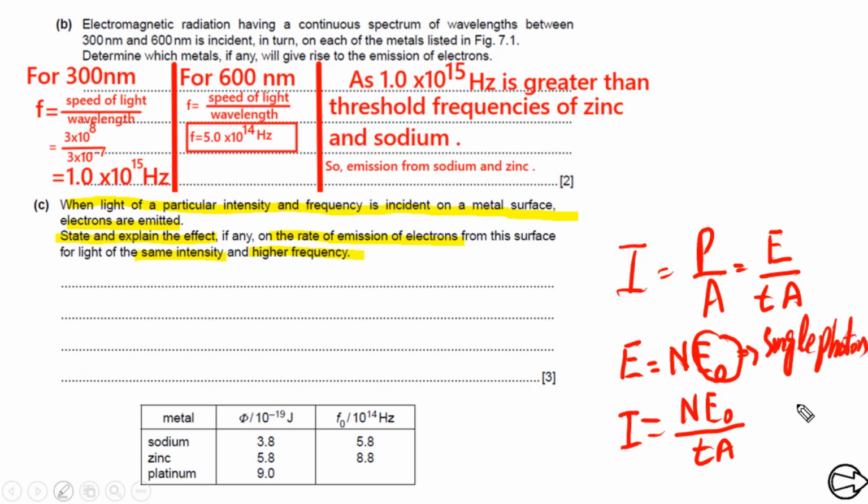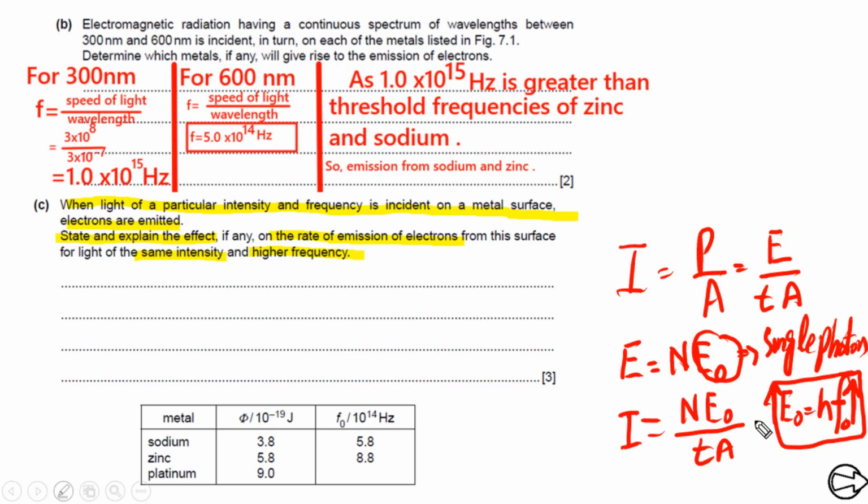Now the next thing we need to understand is that the energy of a photon is linked with its frequency. We can say E naught is equal to h f naught. Now, if we increase the frequency of the light, meaning the frequency of the photon, its energy will increase.